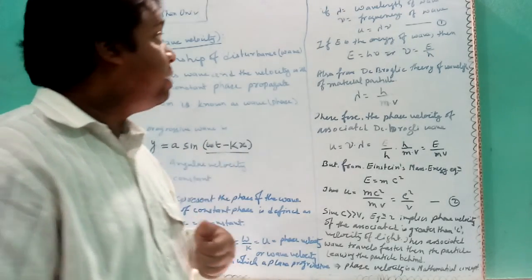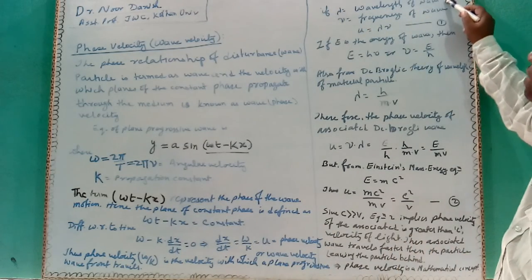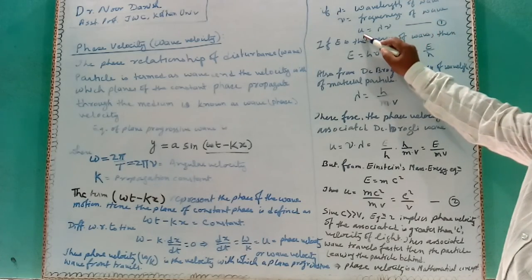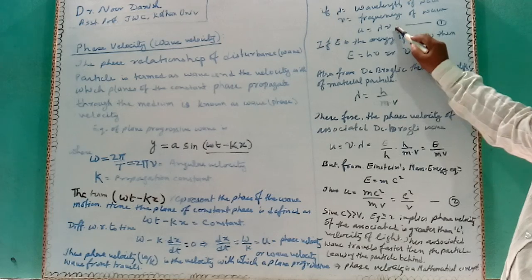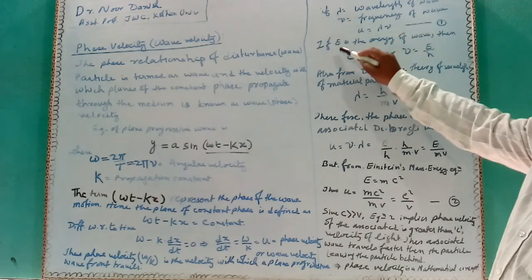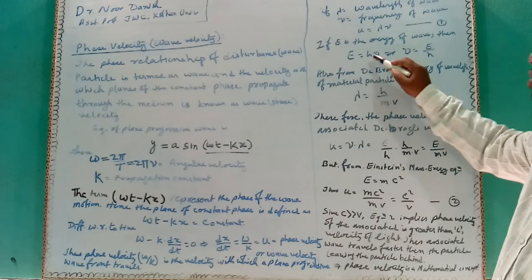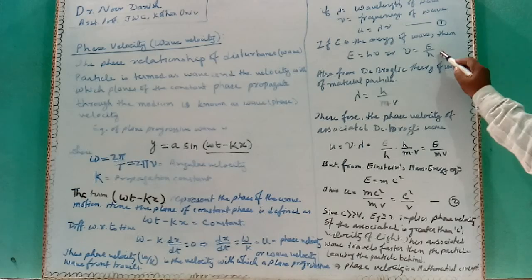Let's see it. If λ is the wavelength of the wave and ν is the frequency of the wave, then from the equation we know velocity u = λν. Since E is the energy of the wave particle, and we know E = hν, thus ν = E/h.